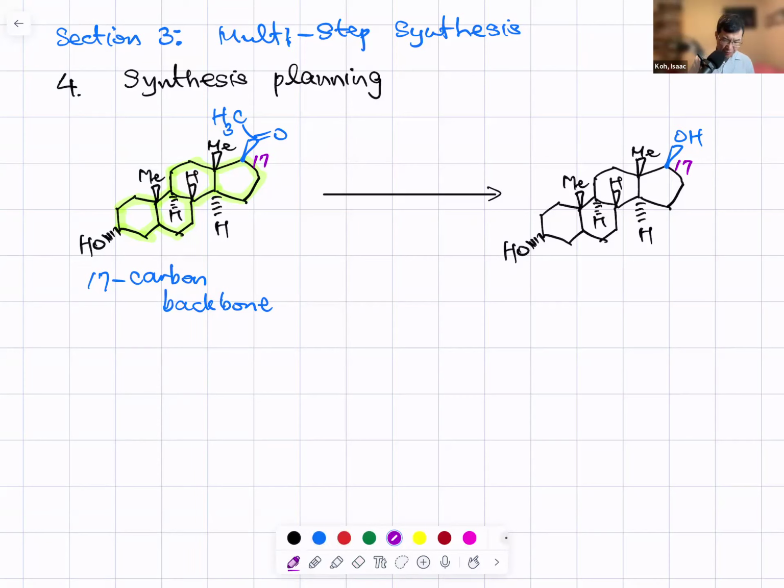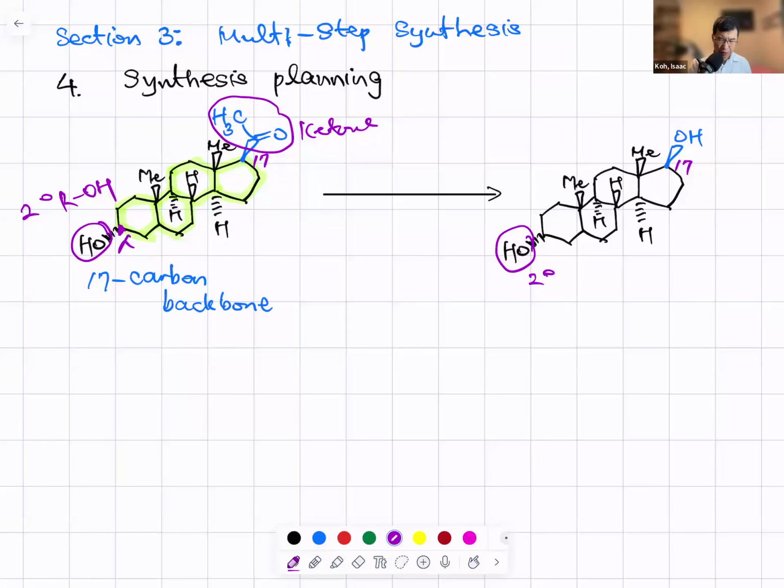Here we have a ketone right there, and here we have an alcohol, and the alpha carbon here has two alkyl groups, so this is a secondary alcohol.